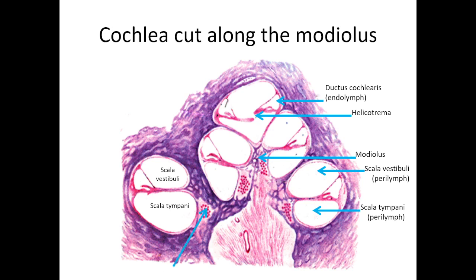And here it is. What do you think it is? This arrow. It's fibers of the nerve. What nerve? Eighth nerve. It's the same.